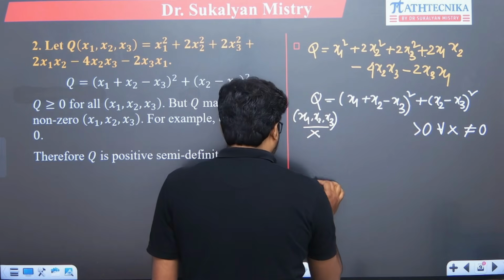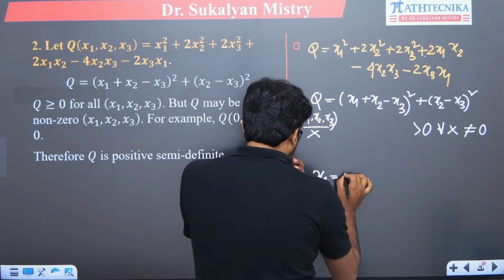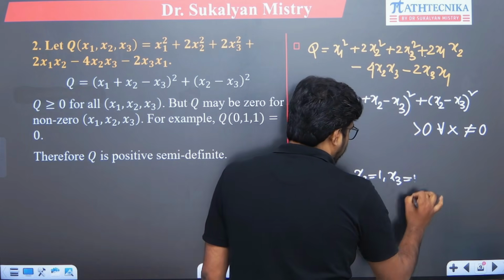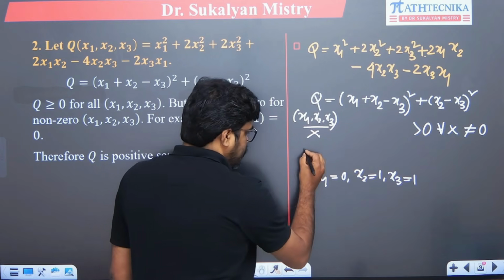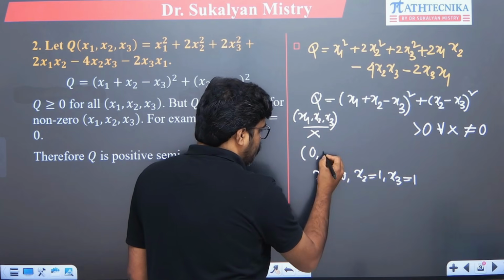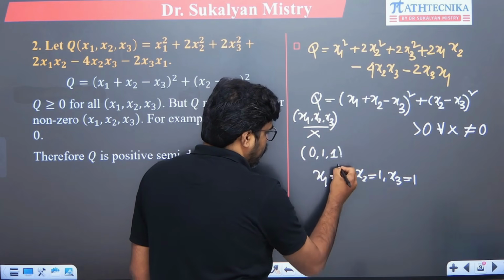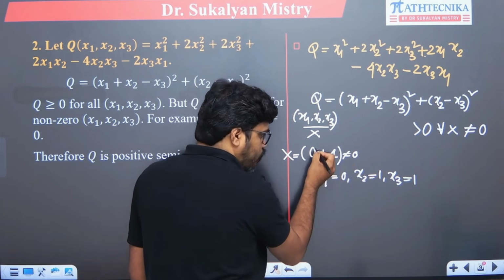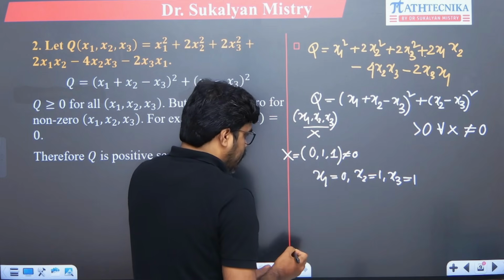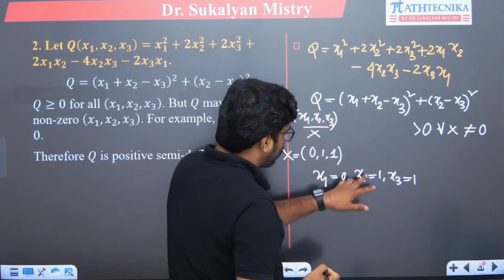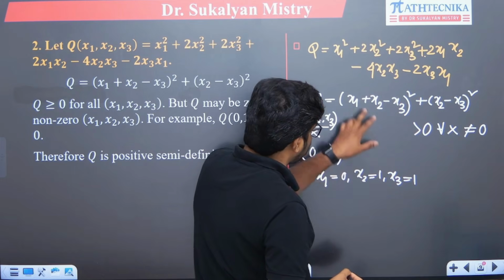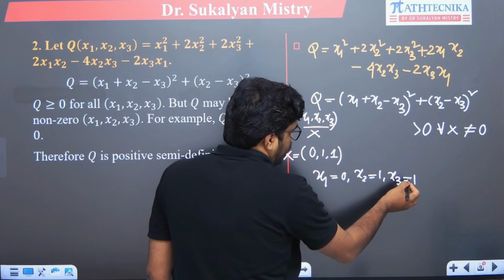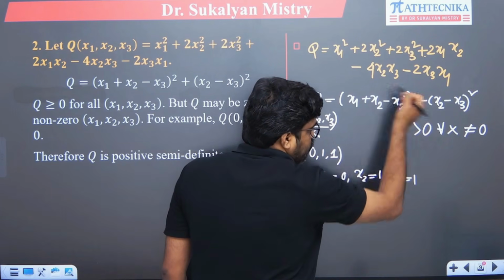For example, if we consider x1 is 0, x2 is 1 and x3 is 1, right? That means this triple is x1 is 0, x2 is 1 and x3 is 1. So obviously this x is not equal to 0; the expression is 0 only if all terms are 0. Now put x1 as 0, x2 as 1 and x3 as 1, and this expression becomes 0.